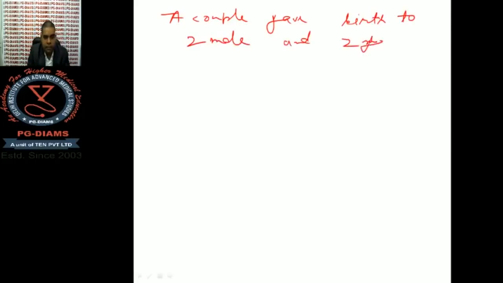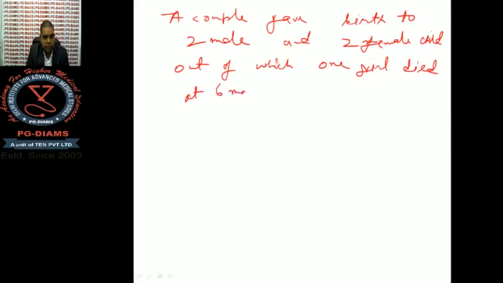In a family or a couple, they gave birth to 2 male and 2 female child, out of which one girl died at 6 months of age.